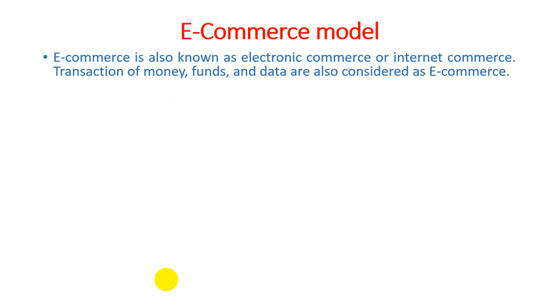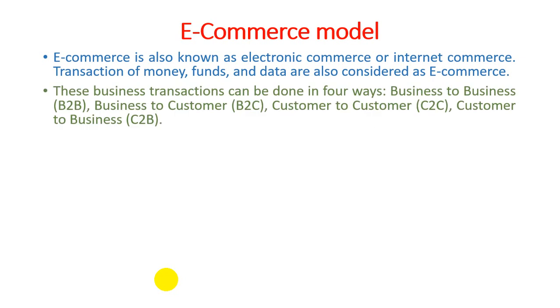We will start with e-commerce, also known as electronic commerce or internet commerce. Transactions of money, funds and data are also considered e-commerce, because in the previous lecture we discussed that not only purchasing online products is part of e-commerce, but money transactions, fund transactions, data transmissions, as well as purchasing online products are also part of e-commerce, all connected on a single platform known as e-commerce.